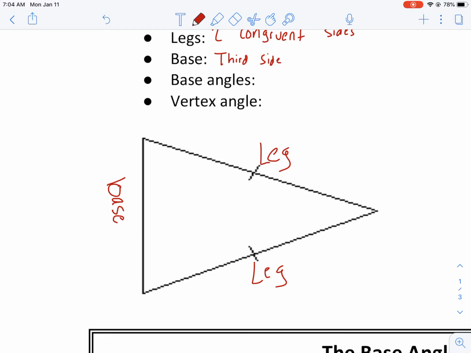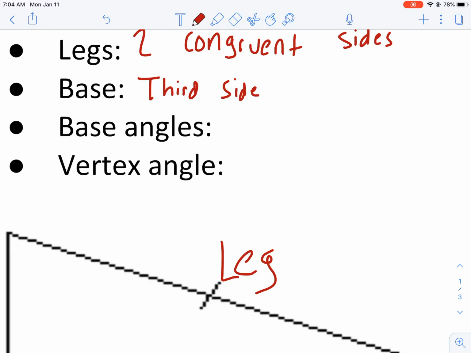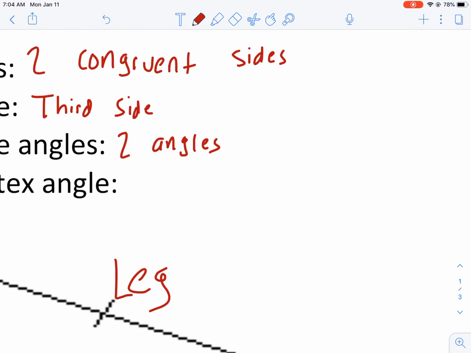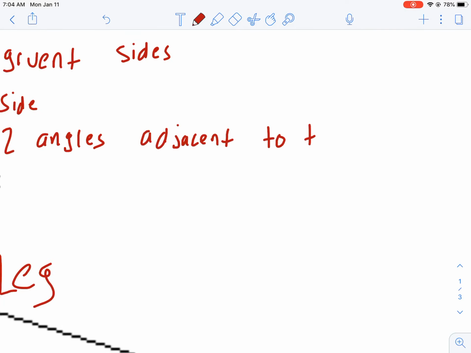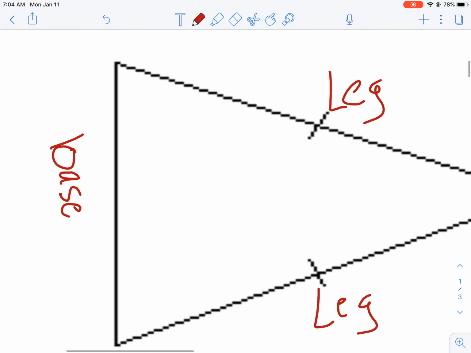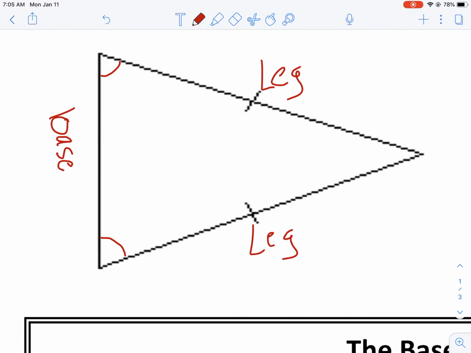Okay. Then we have the base angles. The base angles, as you could probably guess, are the two angles adjacent to the base. So these right here, those would be the base angles.